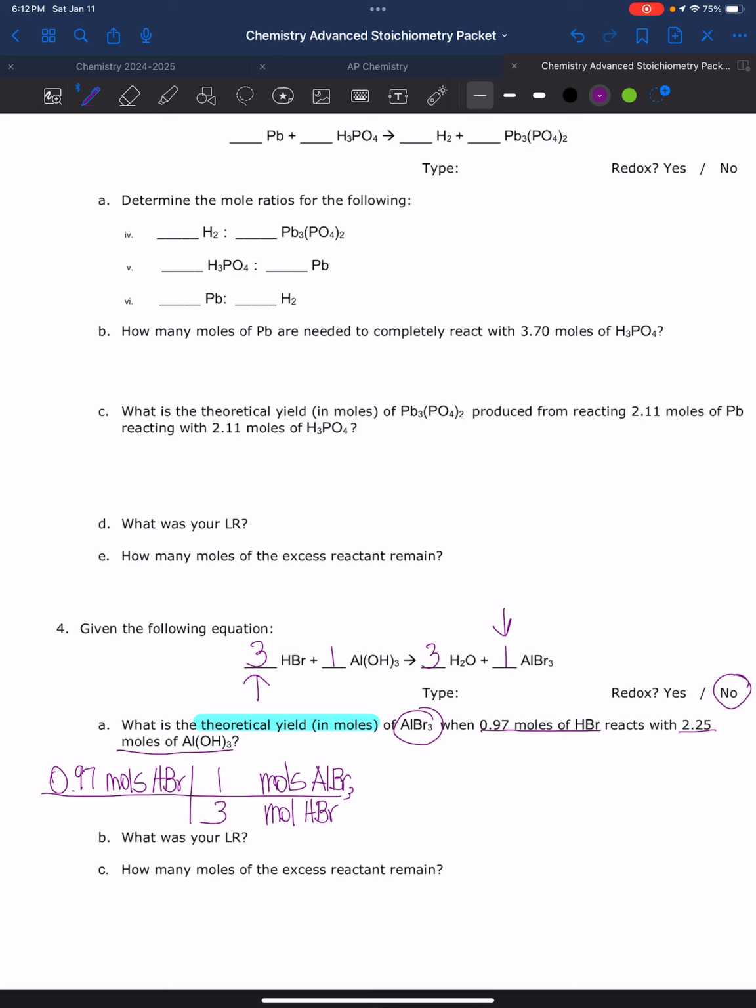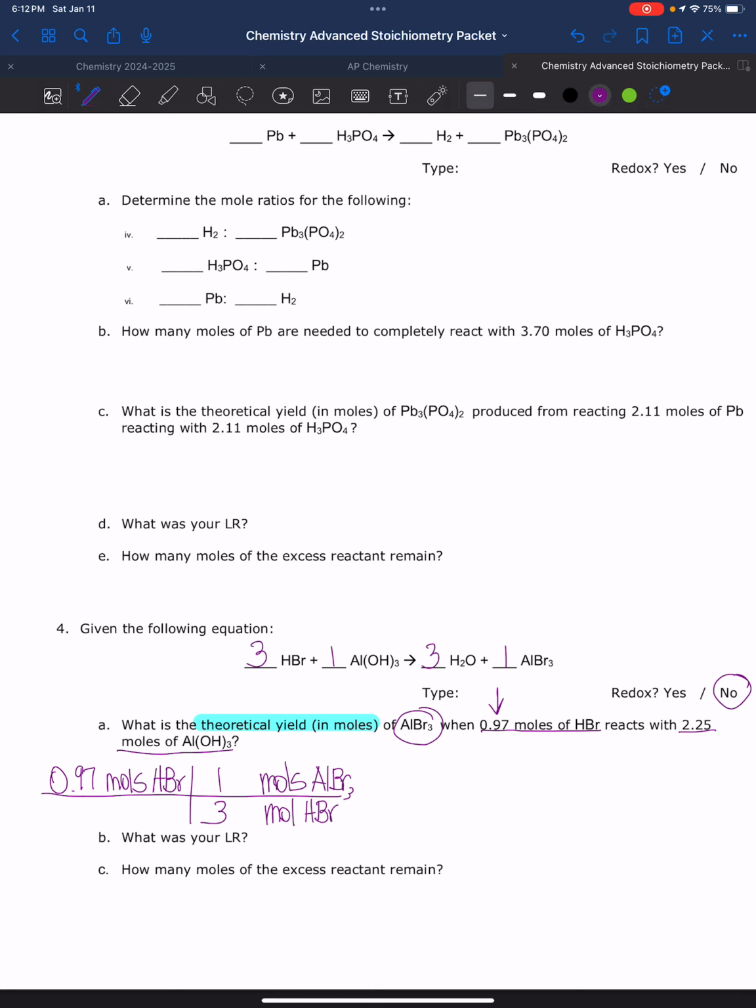The 3 numbers that we have in our problem are the 0.97 moles of HBr that we started with, the 1 in front of the aluminum bromide coefficient up in our reaction right here, and the 3 in front of HBr right here. Okay, so I'm going to go ahead and I'm going to delete those so that we have some room to work our next problem.